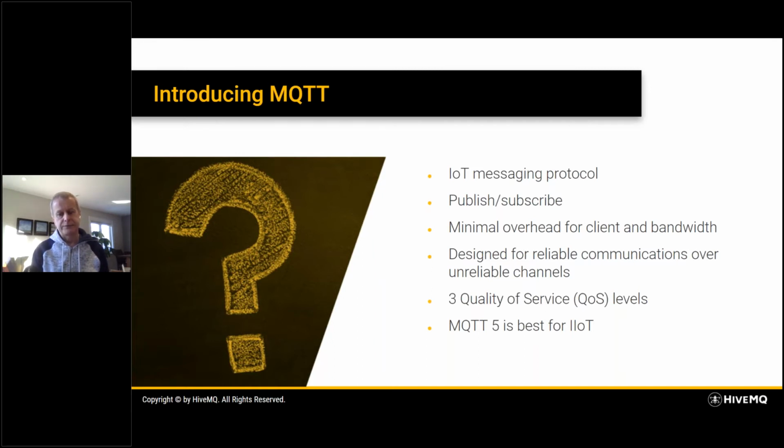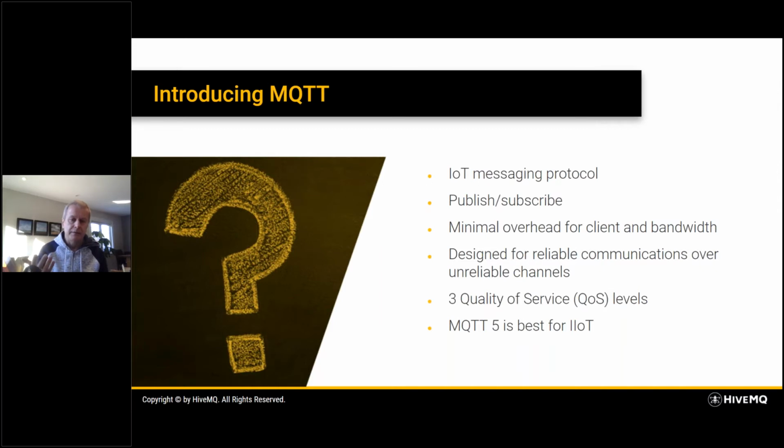But since about 2014, it's really taken off for IoT use cases: how you connect devices, how you move data from devices and move data back to the devices. It's based on a publish-subscribe metaphor that we'll go into a bit later.